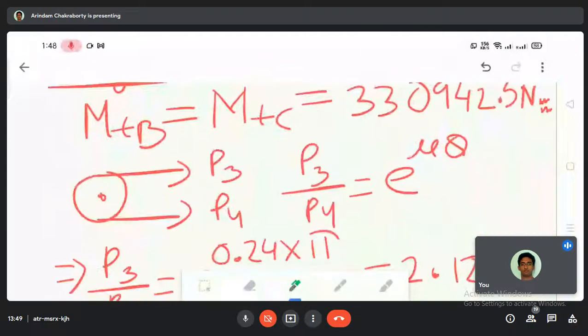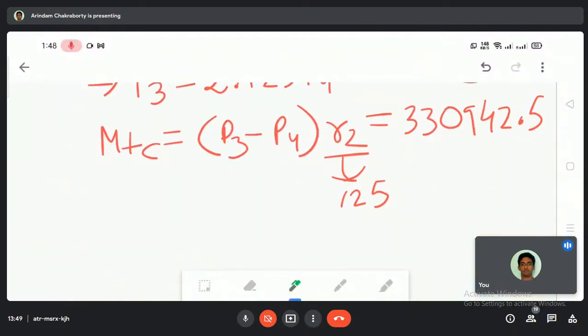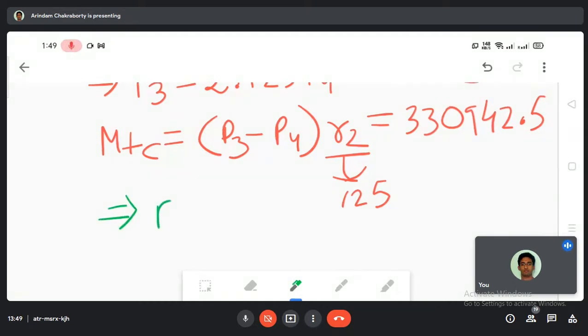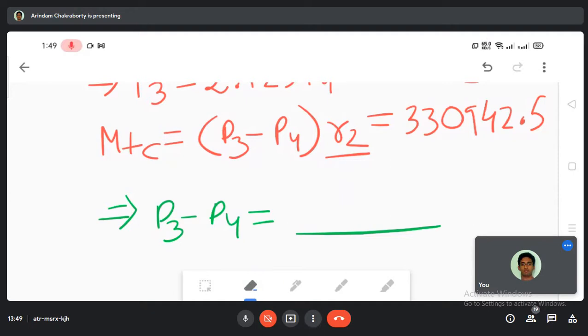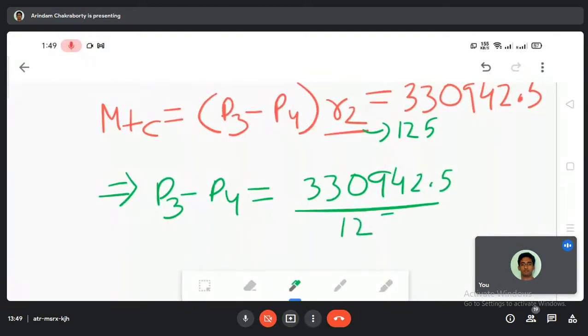So let us go back to this one. Now let us write the equation. P3 minus P4 is equals to how much? So 125. 330,942.5 by 125 is equals to how much? কত?